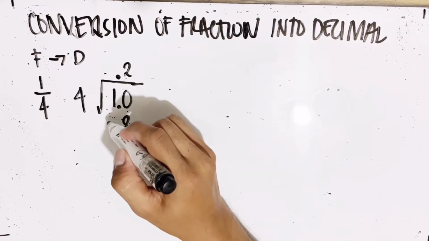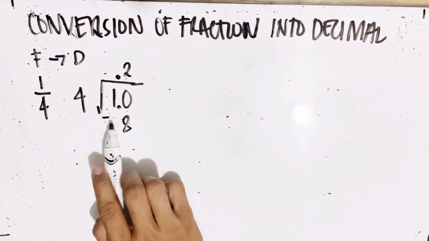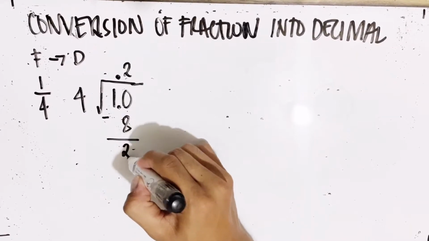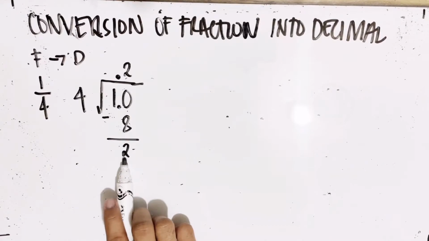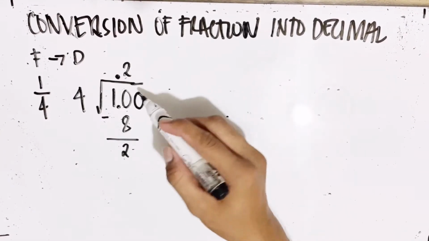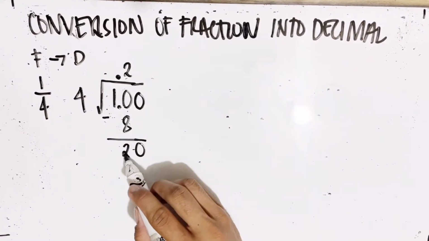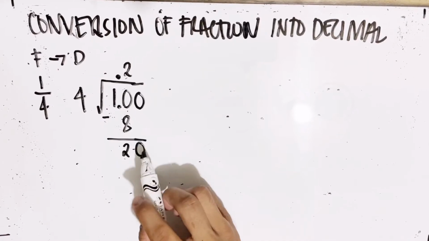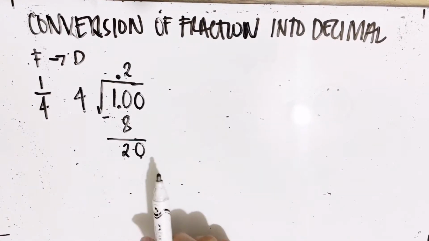So the result of this one will be subtracted. 10 minus 8 is 2. Next, 2 is still smaller than 4. So if it is smaller than the divisor, we will add another 0. So bring down 0. So 2 here becomes 20. Now 20 is now greater than 4. So we can continue dividing.